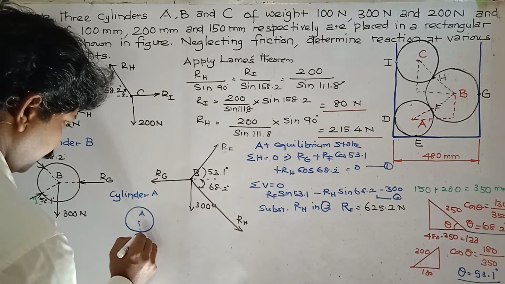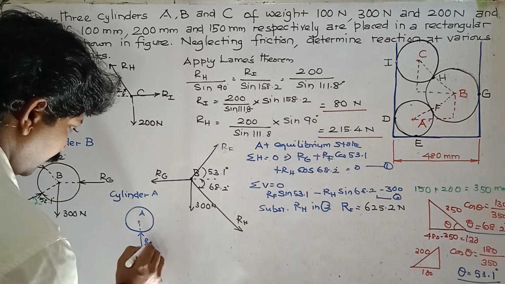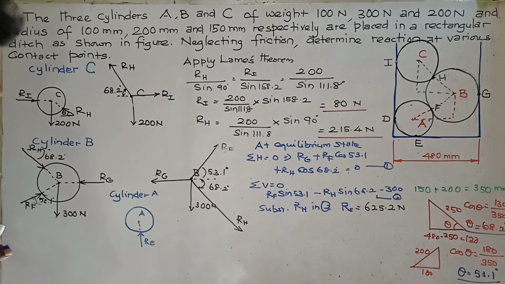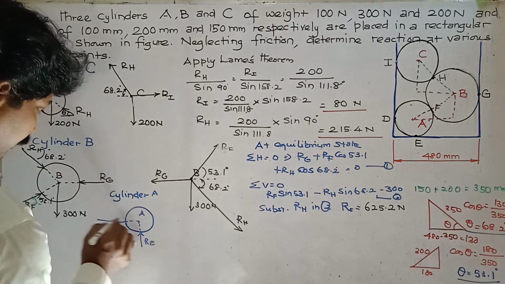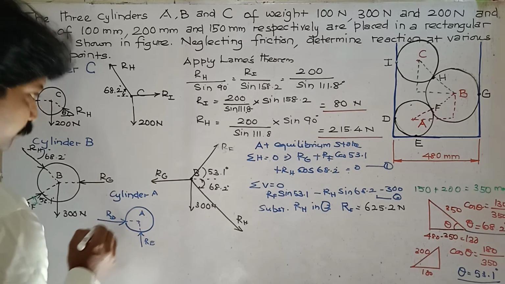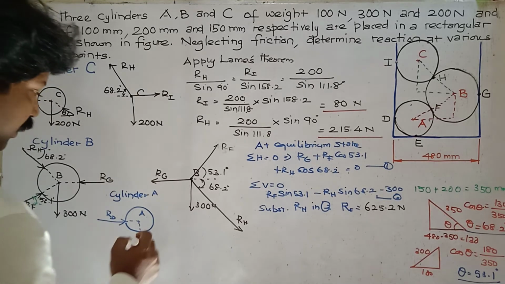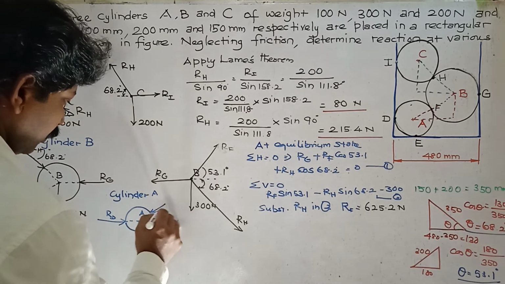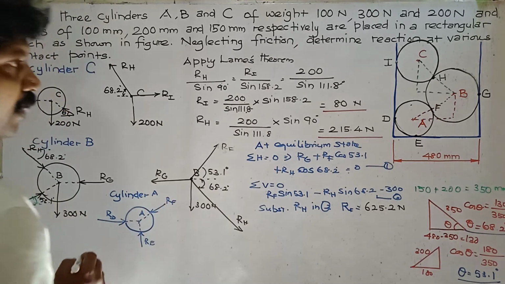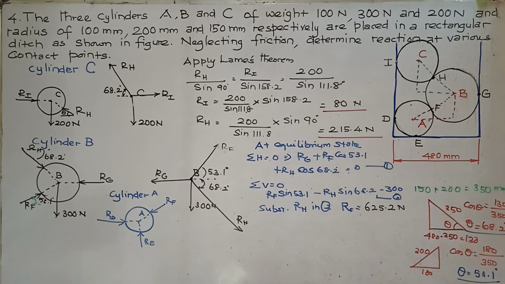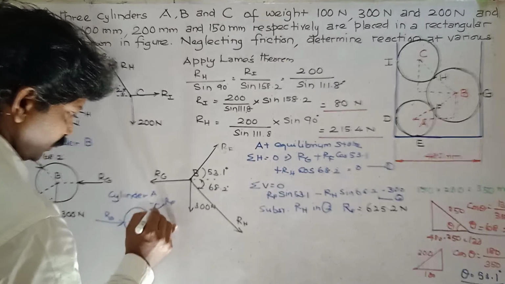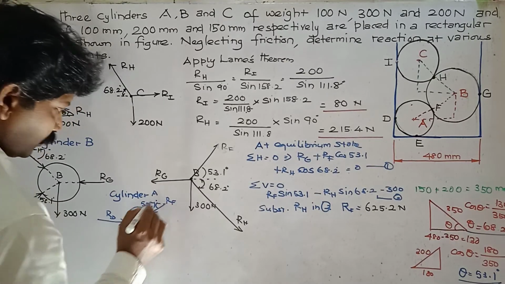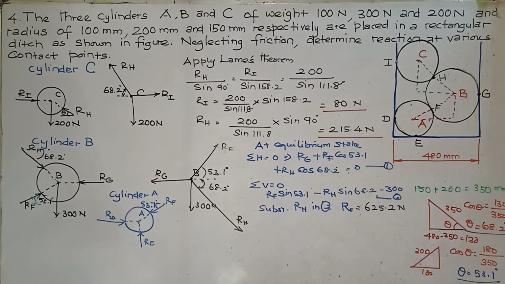Reaction at point E, reaction at point D, reaction at point F. Reaction F with inclination with horizontal 53.1 degree. So in the cylinder A only 3 forces acting.